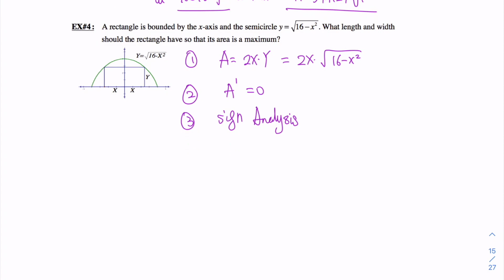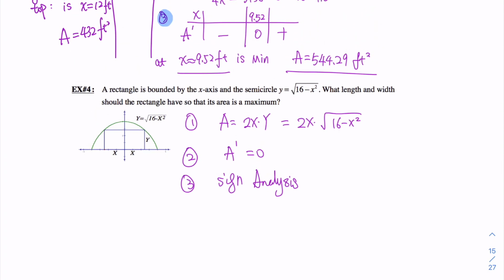Example 4: this rectangle is bounded by the x-axis and the semicircle. What should the length and width of the rectangle be so that the area is maximum? We are trying to maximize the area. The area function is given by length times width.